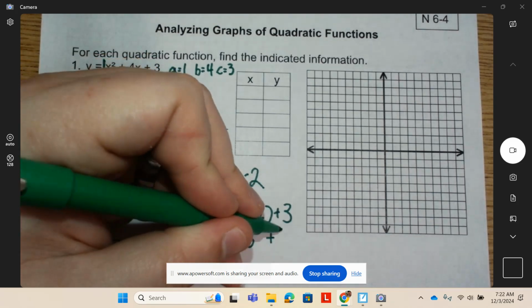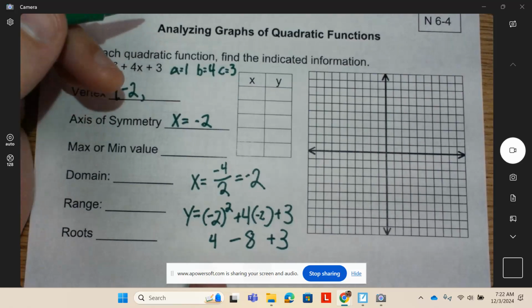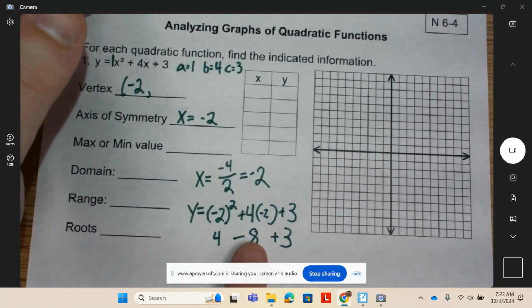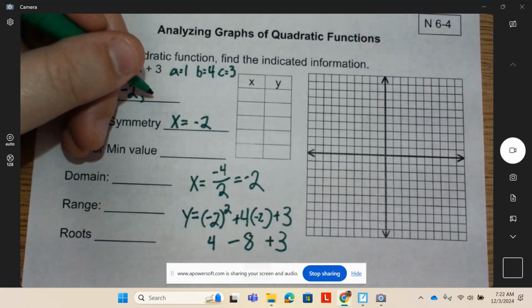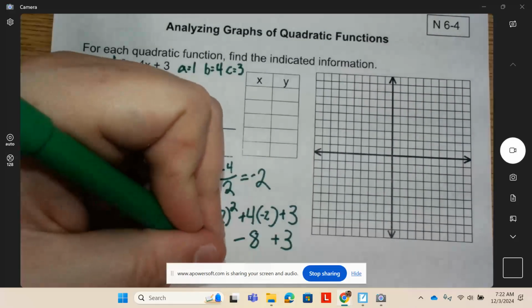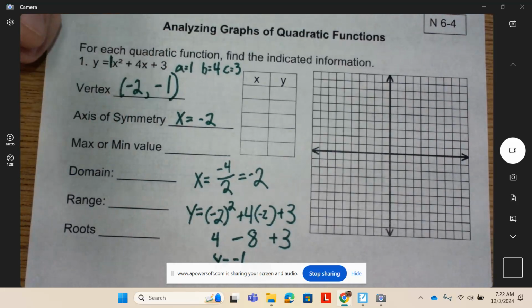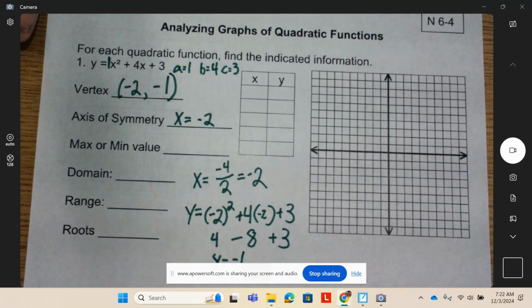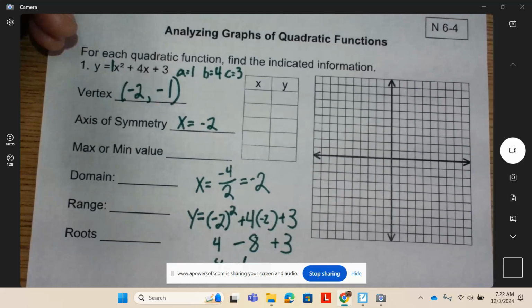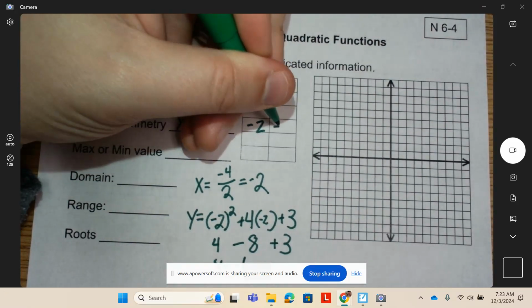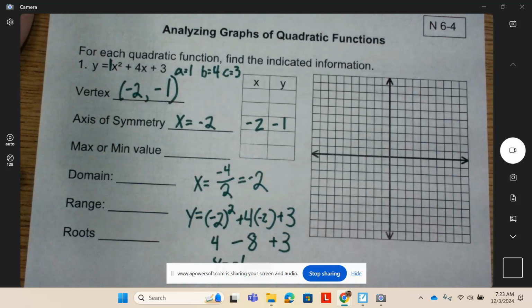And then the positive 3 just drops down. So 4 minus 8 gives me a negative 4, plus 3 ends up at a negative 1. So my y value equals negative 1, and that finishes out our vertex. My vertex is at negative 2, negative 1.